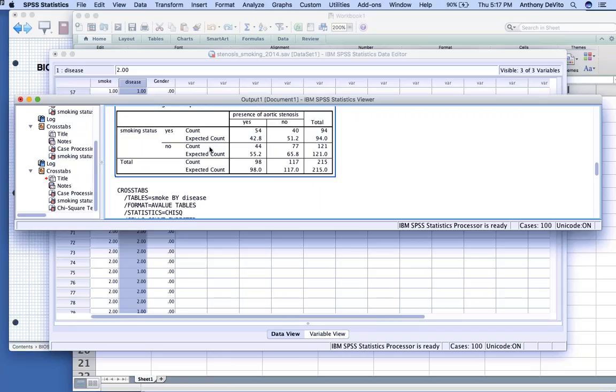So you would have a 4 by 2 table. You would do exactly the same thing, except now you would have 8 boxes and 8 numbers that you'd have to calculate and add together to get the chi-square value. Of course, that would mean that you have 3 degrees of freedom. 4 minus 1 times 2 minus 1 is 3 times 1 is 3. So you would use for the critical value the row under degrees of freedom 3 on that table. So that might be 9 instead of 3.